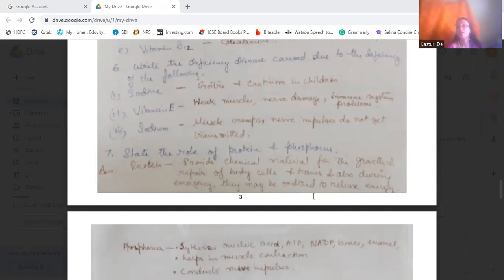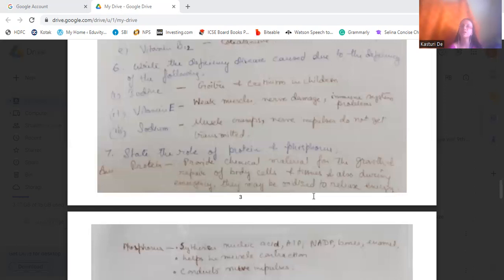Like the person who has not eaten food for a long time, 2 or 3 days, some protein is there, it takes some protein only. No carbohydrate, no fat, anything. So that protein now gets oxidized to give energy to that person.